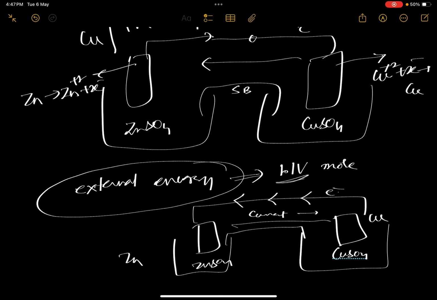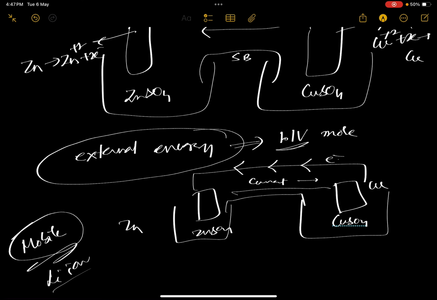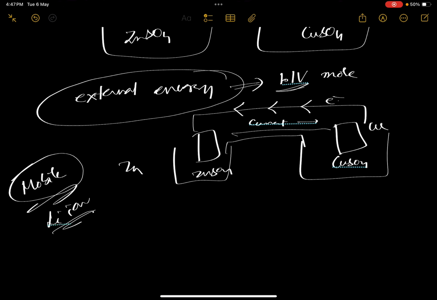Exactly reverse. If the external energy is more than 1.1, it is just like your mobile phone charging. Mobile phones contain lithium ion batteries. Very similar type of thing. When you are not charging, when you are using the phone, chemical energy is converting into electrical energy.